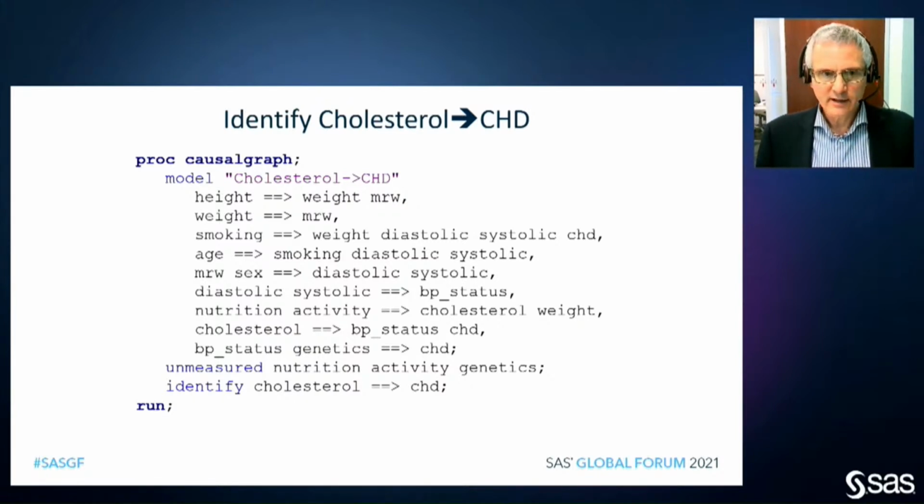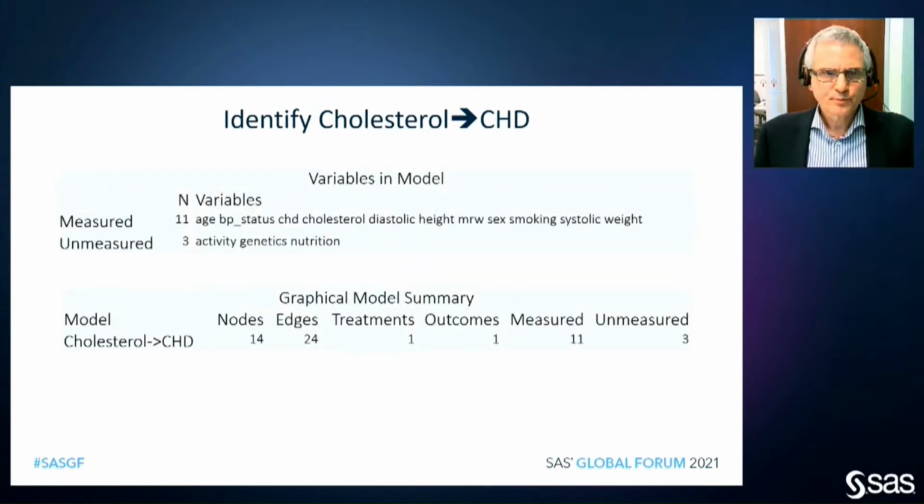In our graph, we had 3 unmeasured nodes or variables. They were represented by the ovals on the graph. They are nutrition, activity, and genetics. And in this case, the causal path of interest is cholesterol and its impact on CHD.